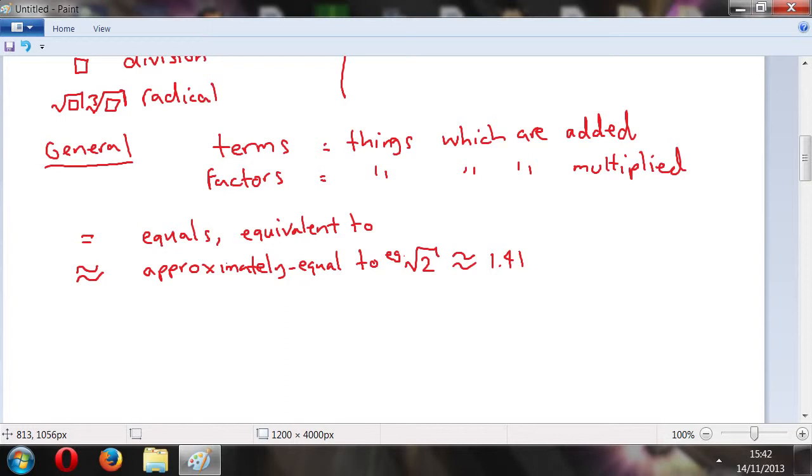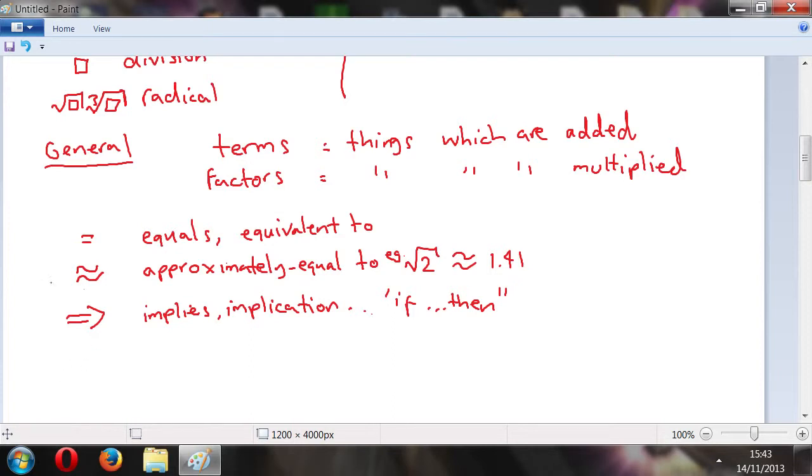It's a kind of mini verification. If we have this arrow, this is an implication. It implies. It can be seen as the same as if, then.